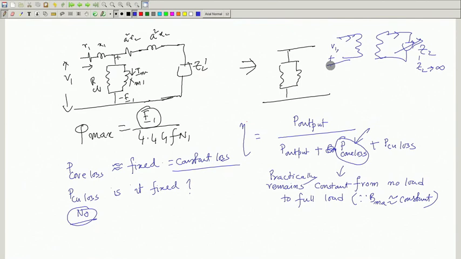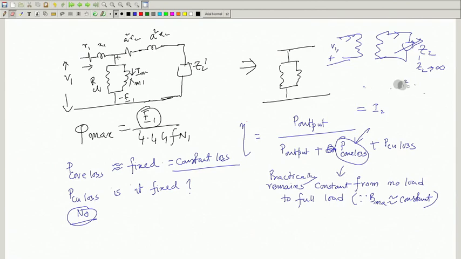Then the copper loss, in terms of the primary side, will be I1 squared Re1, which is the same as I2 squared into Re2, which is the same as, I should write, I2 dash squared.